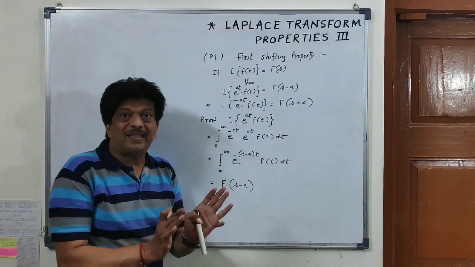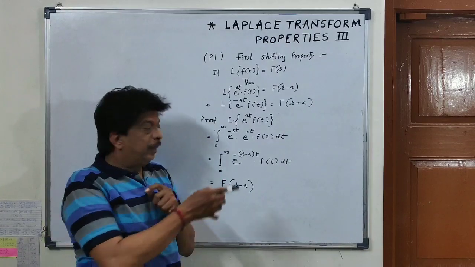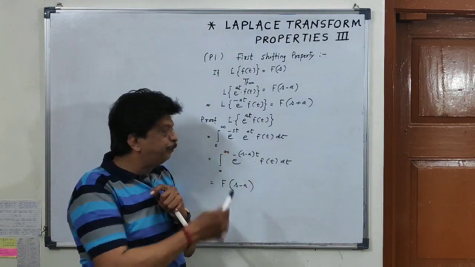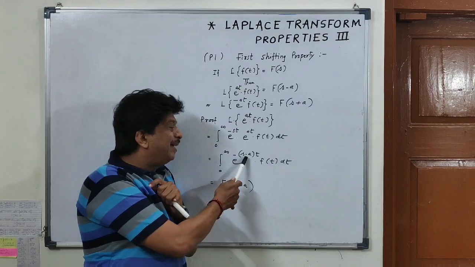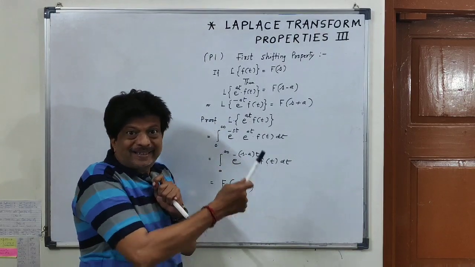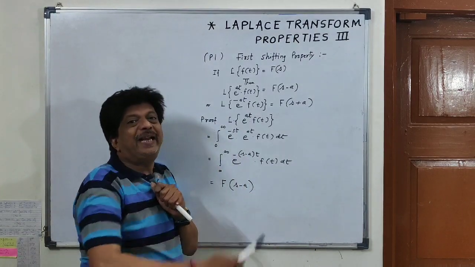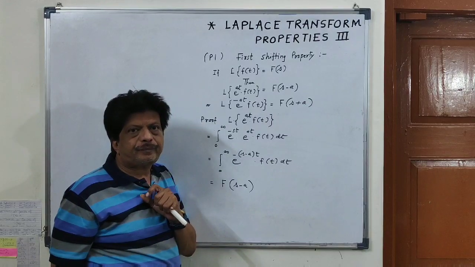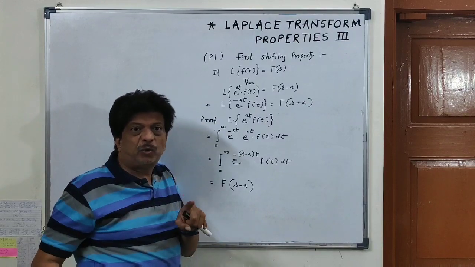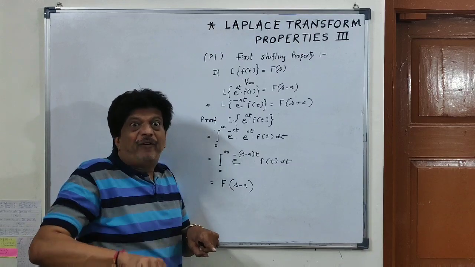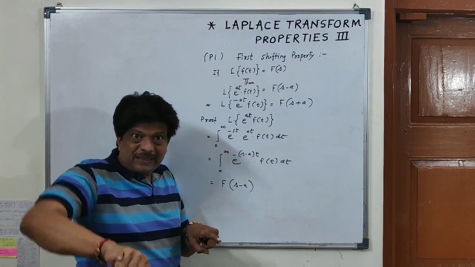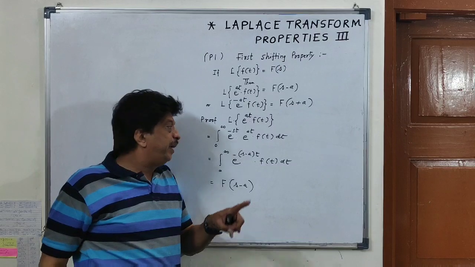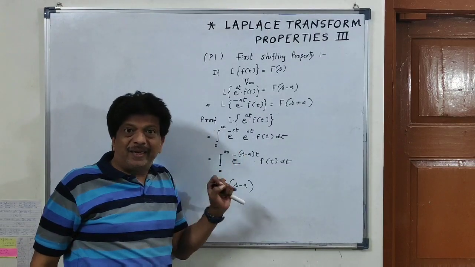Why? Because how do we define F of s? Laplace transform of f of t, integral 0 to infinity e raised to power minus st f of t dt, is F of s. Instead of s, here we do have s minus a.